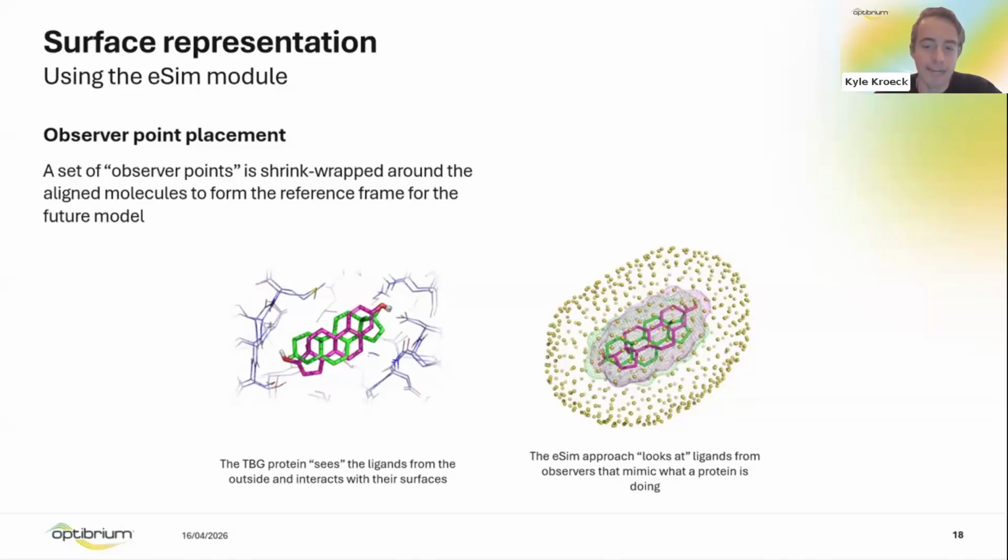This fixed grid allows the algorithm to identify spatial hotspots or specific locations where a negative charge or a hydrogen bond donor is consistently required for high affinity. This spatial consistency is what enables the machine learning engine to recognize patterns across different chemical series that share no common atoms. Essentially, these points enable the model to view the ligands from the perspective of the protein.